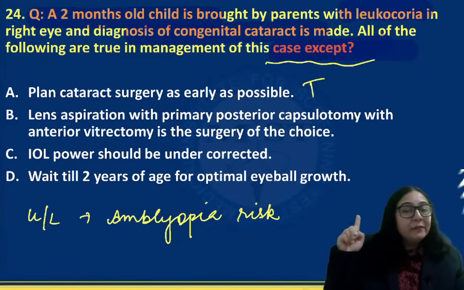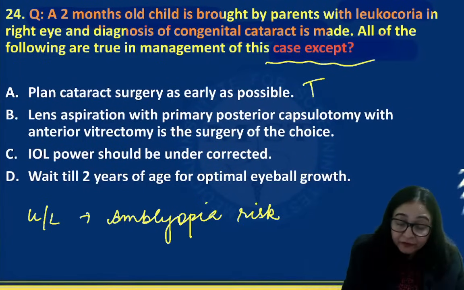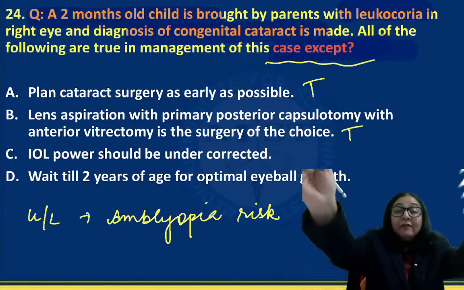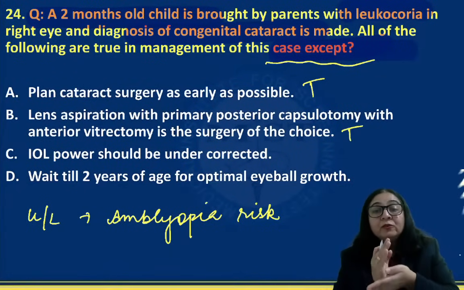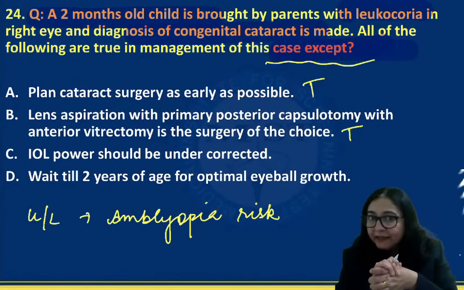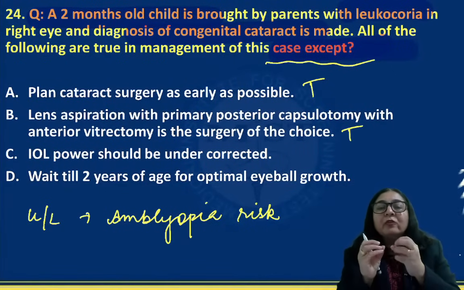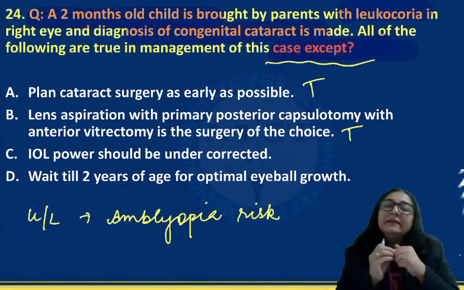Lens aspiration with primary posterior capsulotomy with anterior vitrectomy is the surgery of choice. Yes, for congenital cataracts, you do a primary posterior capsulotomy because the risk of posterior capsular opacification is very high in children, and below 2 years of age, we also combine it with anterior vitrectomy.